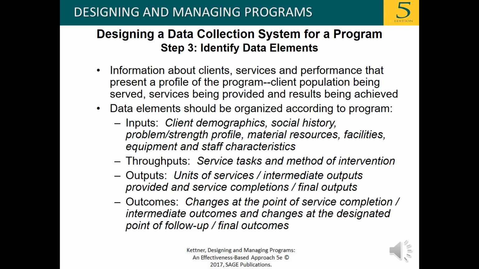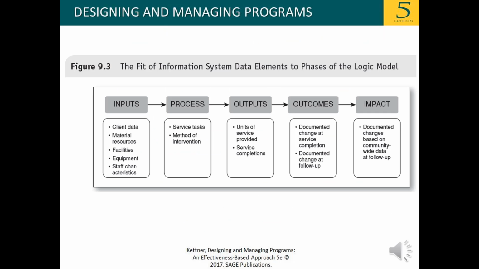Throughputs: service tasks and method of intervention. Outputs: the units of services, intermediate outputs provided, and service completions, also known as the final outputs. And then with our outcomes: changes at the point of service completion, intermediate outcomes, and changes in the designated point of follow-up, final outcome.